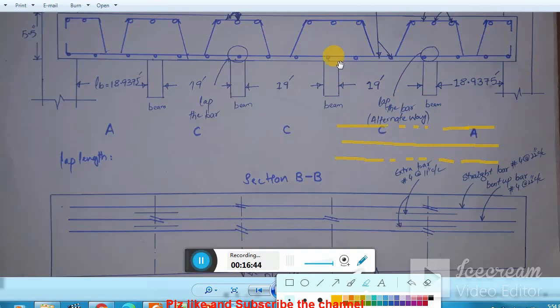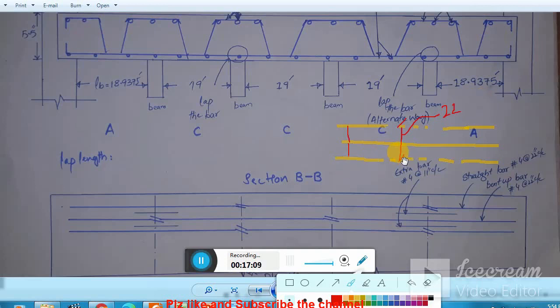Now you see the difficulty: the spacing between these two successive bars is 11 inch, and this one is 11 inch. So at the top, this spacing will become 22 inches. So I have to maintain 8 inch center to center distance.